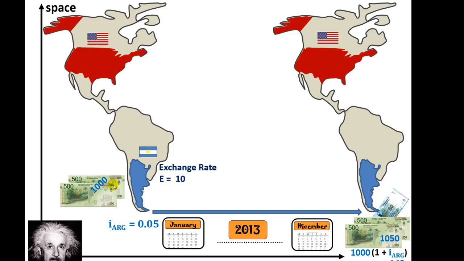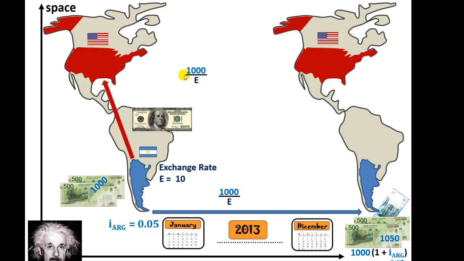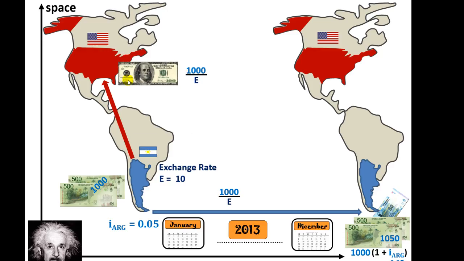So if I change this 1,000 pesos into dollars, then I have to divide this by 10, and then I get $100. And then I travel to the United States with this $100, and then I am in the United States already with $100.